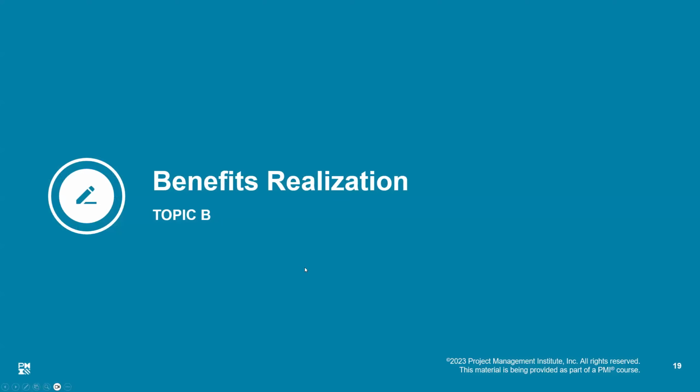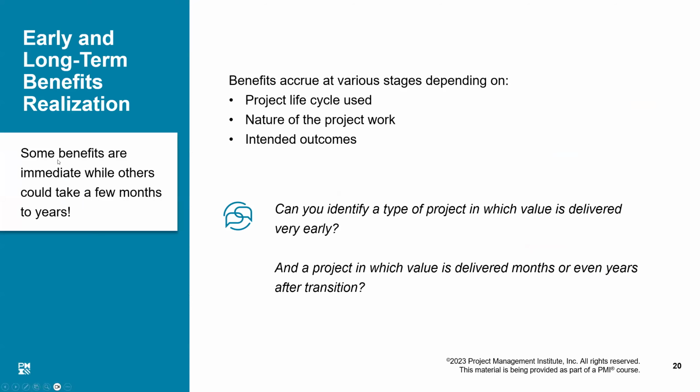Then we have got the benefit realization. Some benefits are immediate while others could take a few months. Some benefits may be realized during the life of the project. Some are realized at the end of the project. Some are realized long after the project has been handed over.